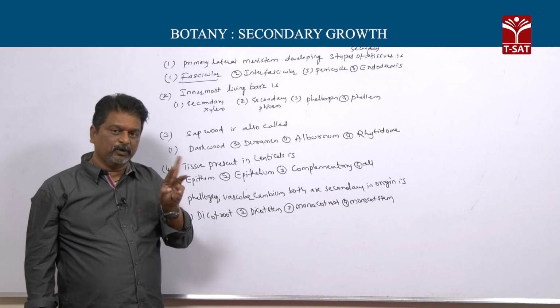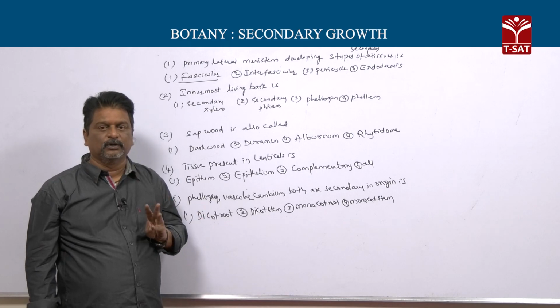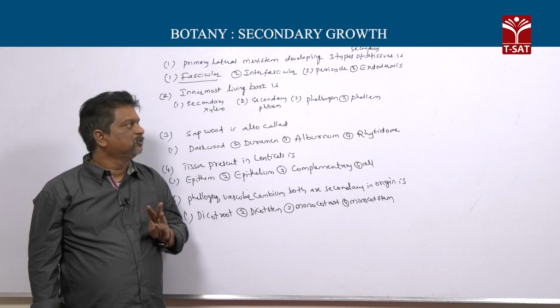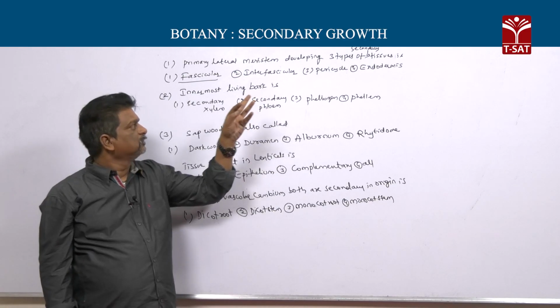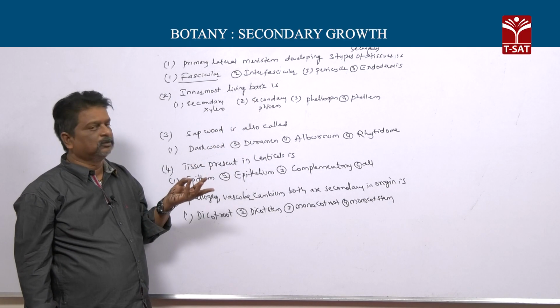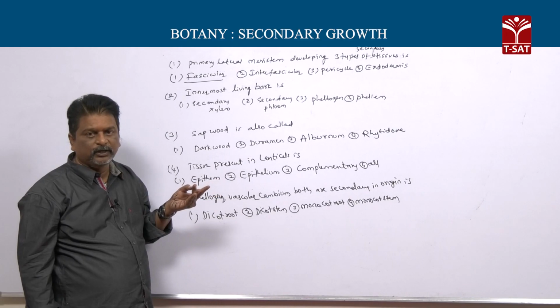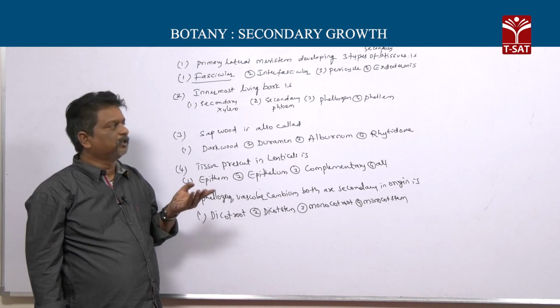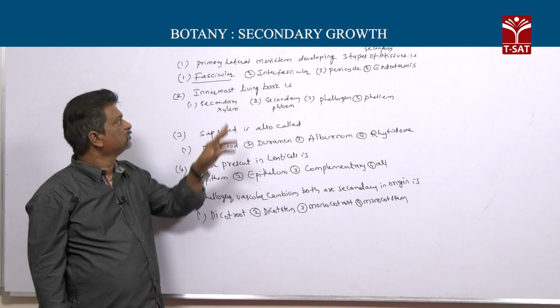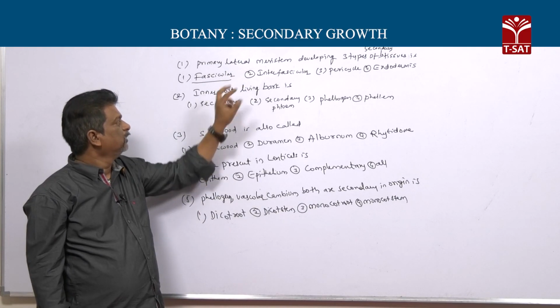That vascular cambium contains two types of cells, fusiform initials and ray initials. They produce secondary xylem, secondary phloem, and secondary medullary rays. So three types of secondary tissues are formed from this fascicular cambium.